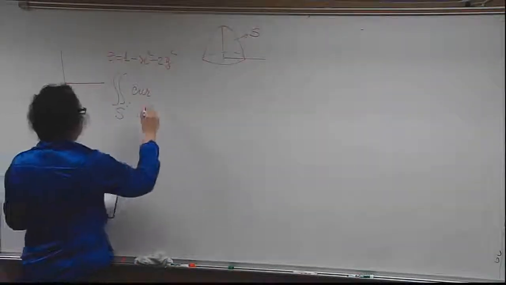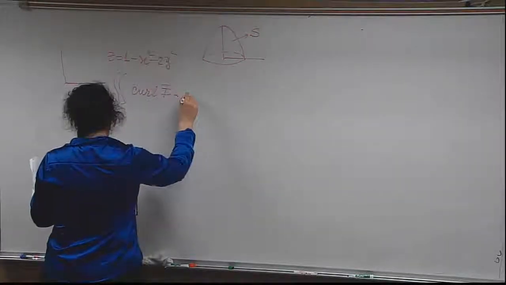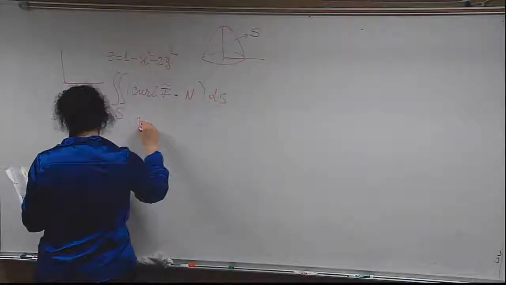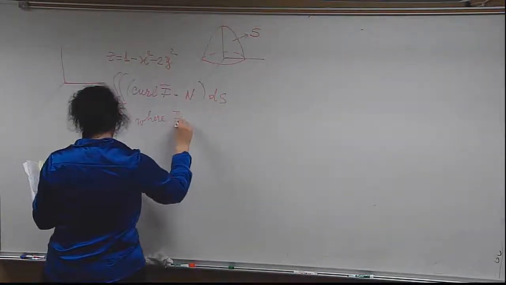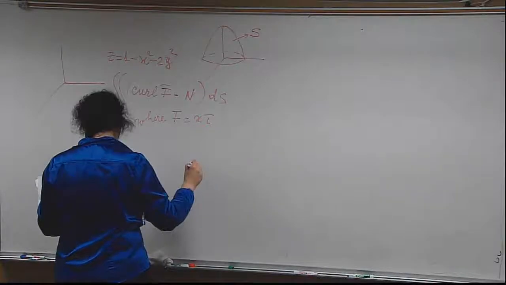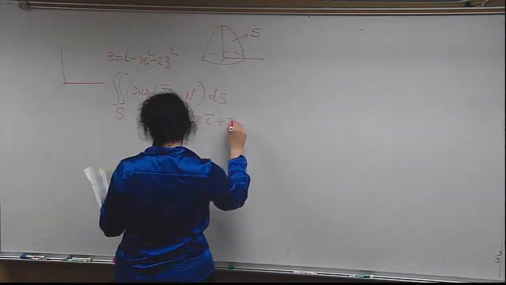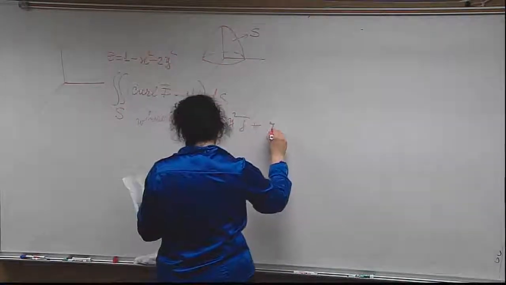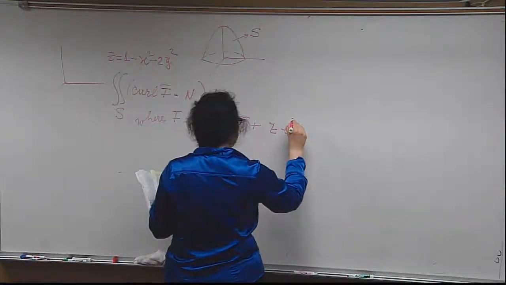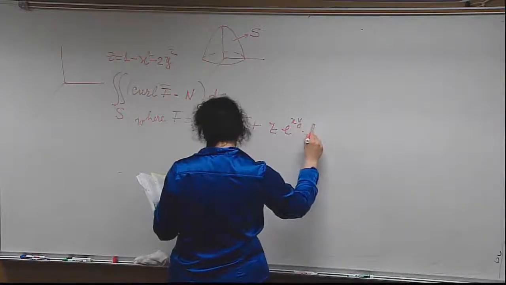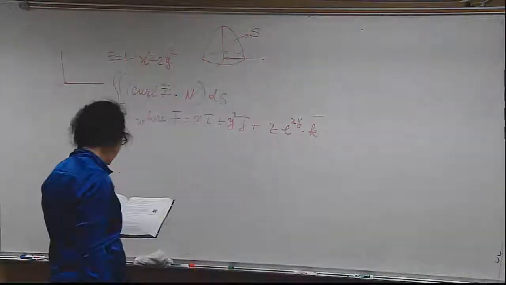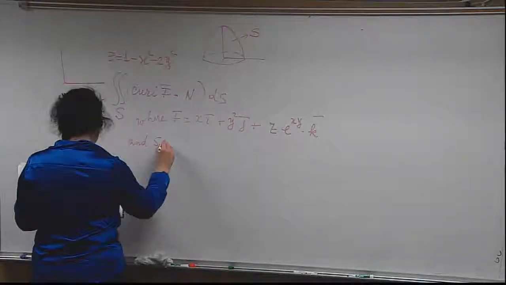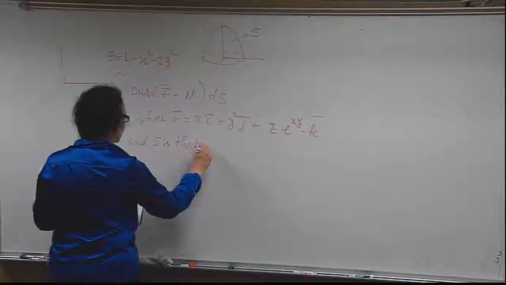Double integral of curl f dot n dS, where f equals x i plus y squared j plus z e to the xy k, and S is that part of the surface.